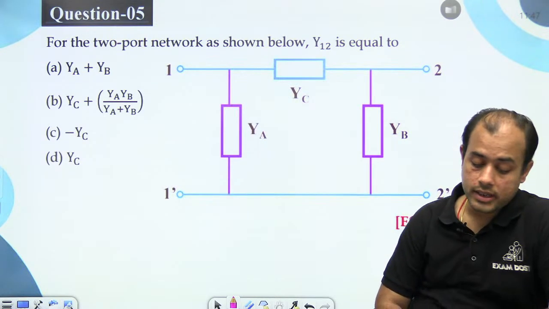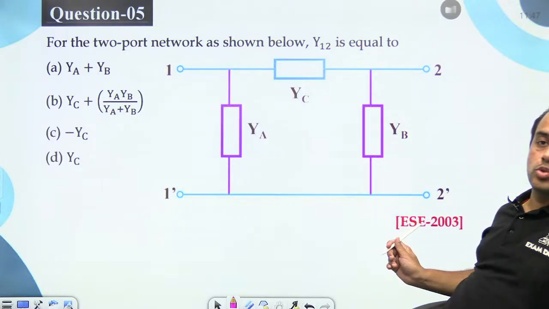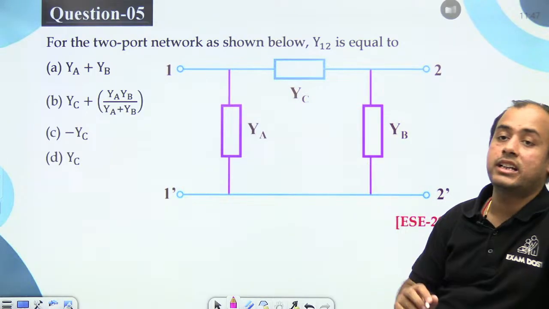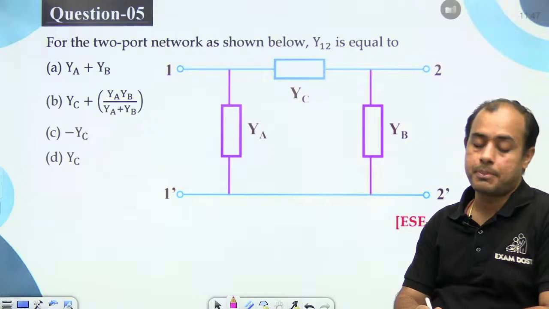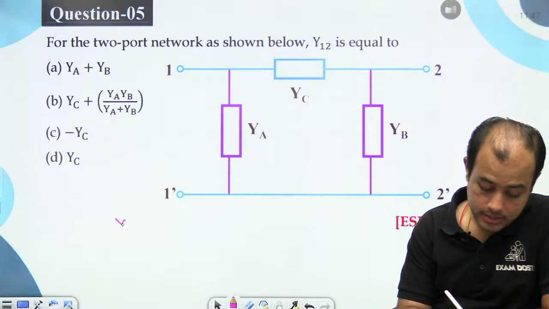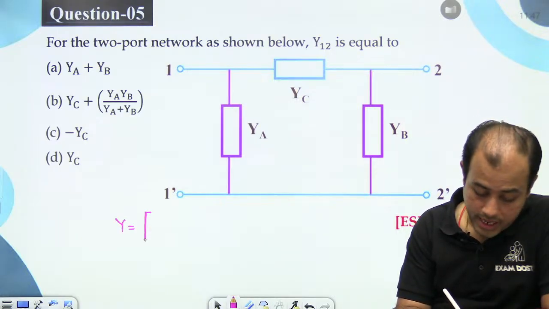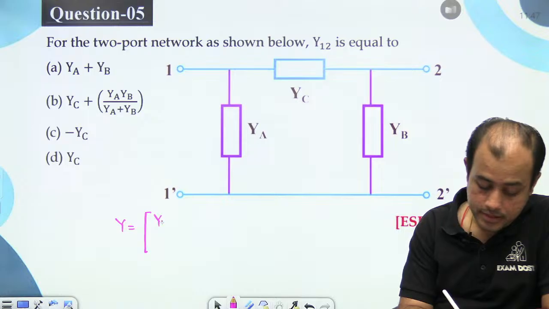Next, what is Y12? ESE 2003. This is a pi network. So what is the Y parameter matrix?